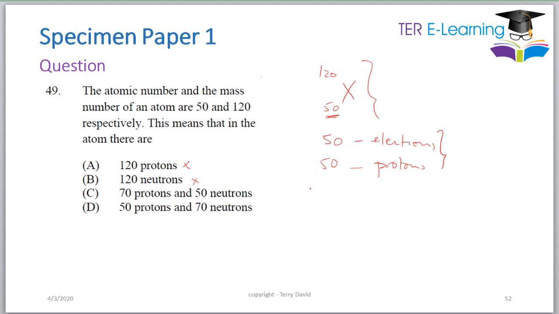And to get the number of neutrons, we say 120 minus 50, which is equal to 70. So it has 70 neutrons. So for number 49, the answer has to be D, 50 protons and 70 neutrons.